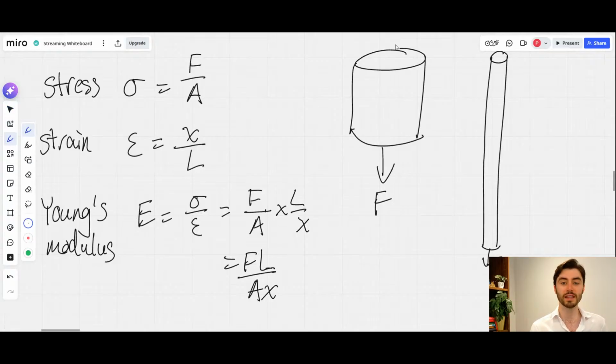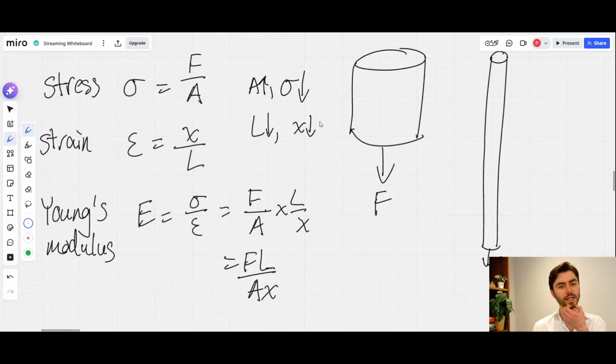So because here this area is bigger, that means the stress has decreased. And because the length is lower, the extension is lower.